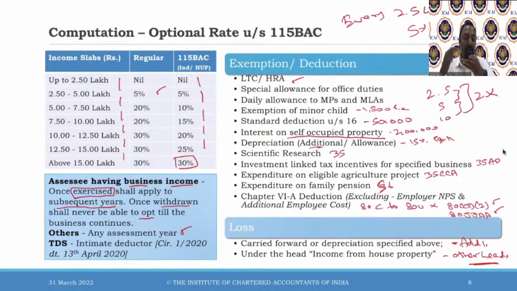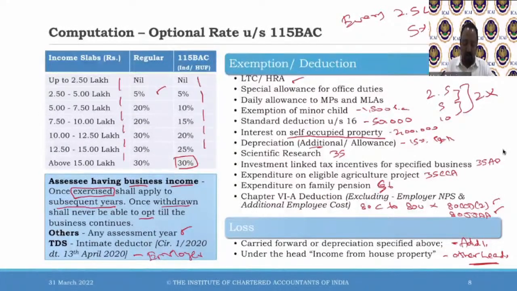With respect to TDS, if I come under 115BAC, I have to report it to my employer, saying this is my new rate, please go by that. So don't deduct at the regular rate; deduct tax in accordance with 115BAC. So that is what 115BAC is all about.